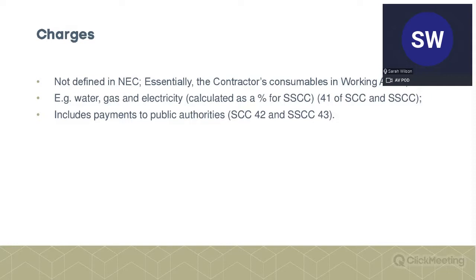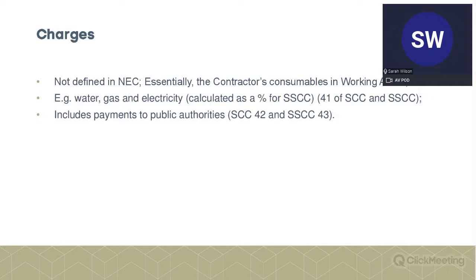If you get this percentage wrong, it can then start to eat into your profitability. So it's easy for me to sit here and say, be really careful. Hopefully you all have ways in which you do calculate these percentages.